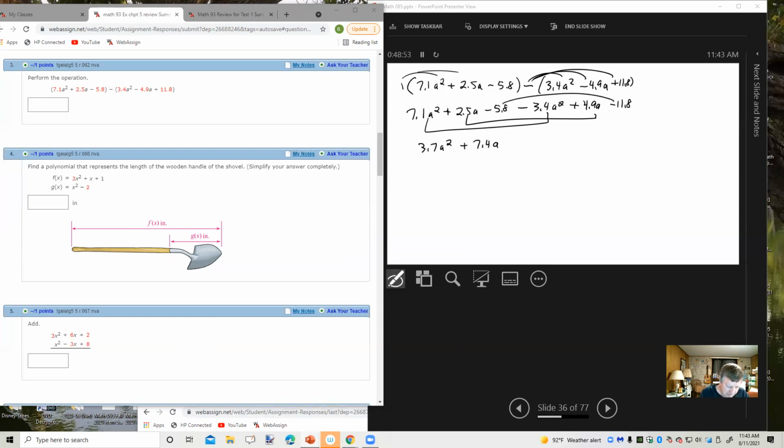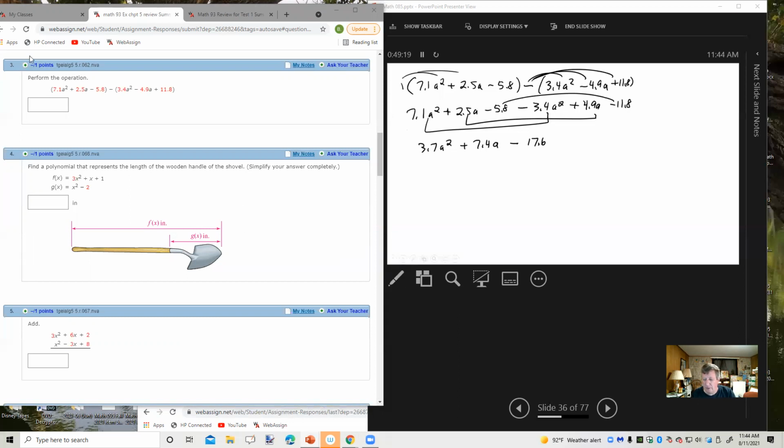And then negative 5.8 minus 11.8 more is going to be minus 17.6. So let's see. That looks good. That looks okay. I think it's correct.